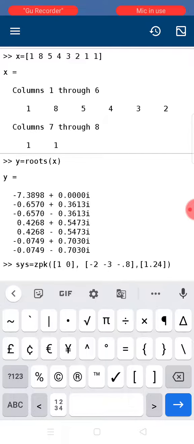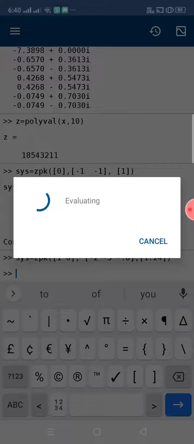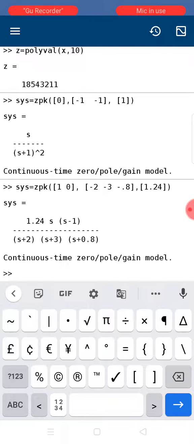So the location of the zeros are given here, location of poles are given here, and the gain value is given here. Now execute this one. So you can see the more complicated transfer function is written here. So with the help of zpk command, the transfer function can be written directly in the form of s.